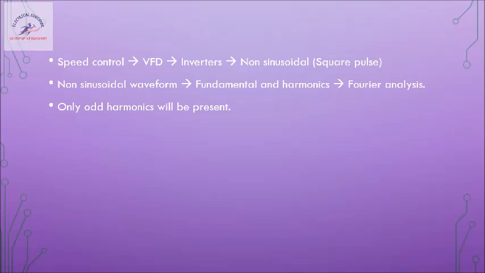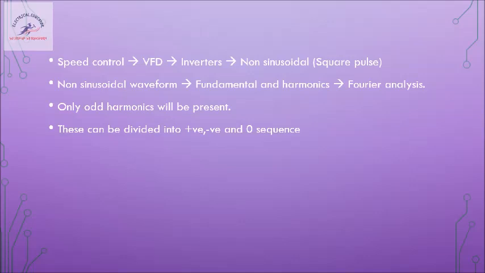But that is not the case when we speak about odd harmonics. So we are going to study the effect of the presence of these odd harmonics along with the fundamental when we are feeding an induction motor from a non-sinusoidal supply.